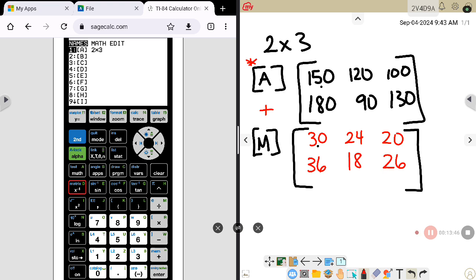If I want to add this to this matrix, let's just store this matrix in matrix B in my calculator. So I'm going to go over to edit, down to matrix B, and I'm going to enter the increase of May's production, which again is a 2 by 3.